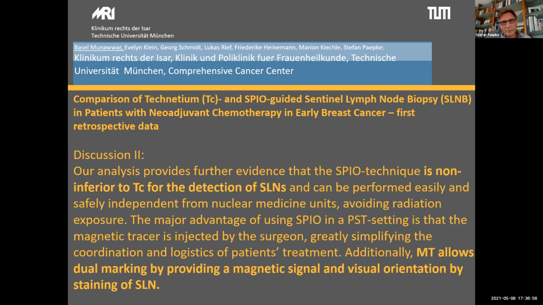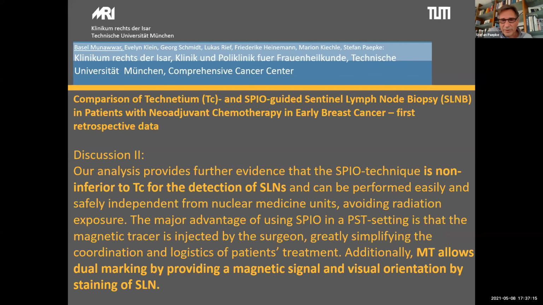And if we are talking about primary systemic chemotherapy, we are also able to use the MARI technique to mark the biopsied lymph node in a very, very early way.